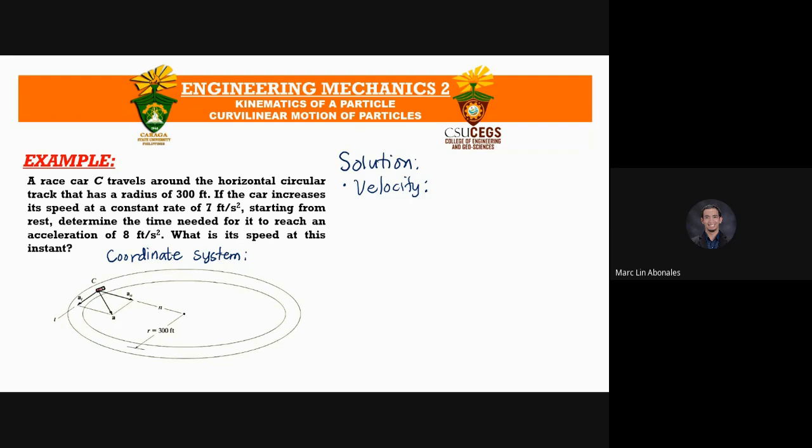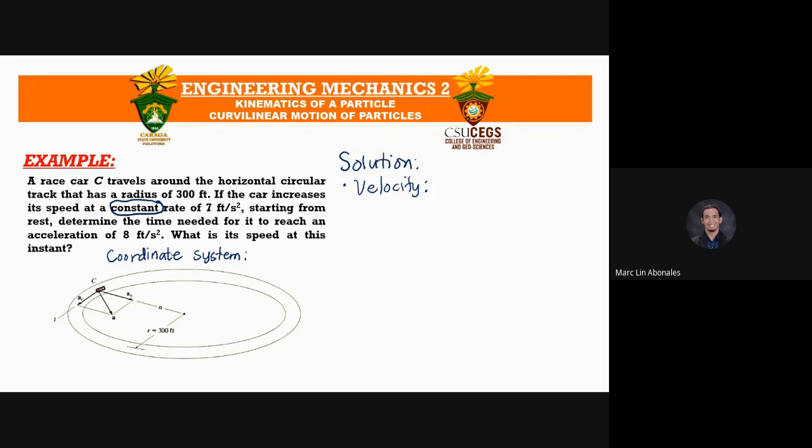From the word constant, the 7 feet per second squared is actually a constant value.